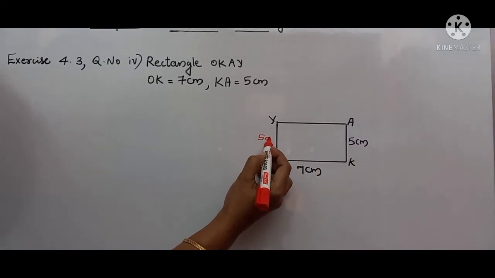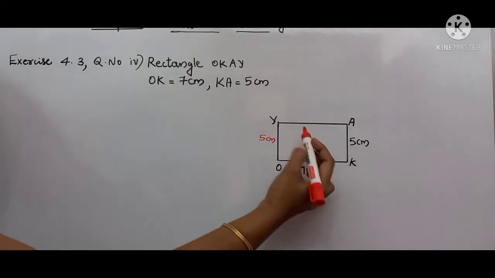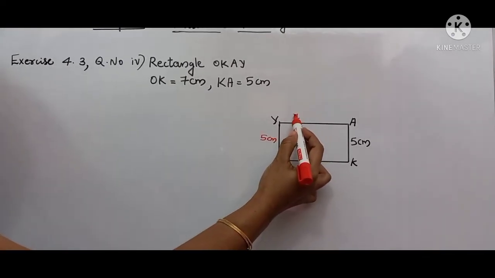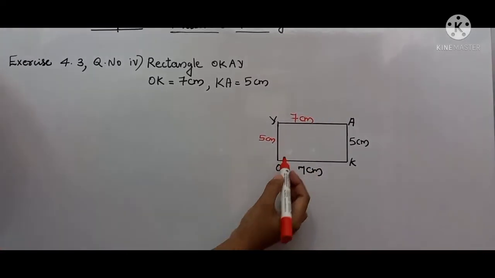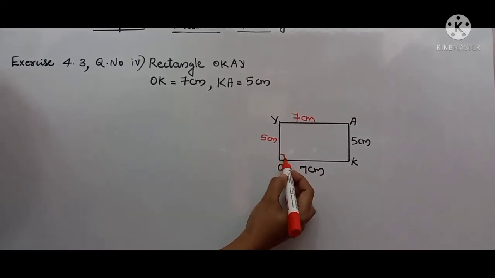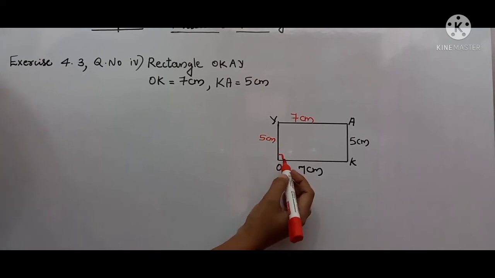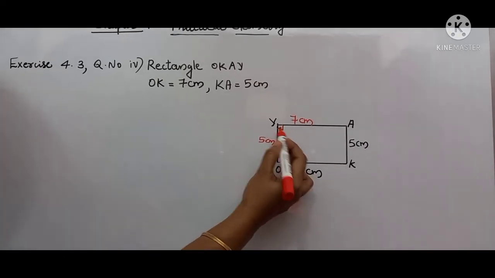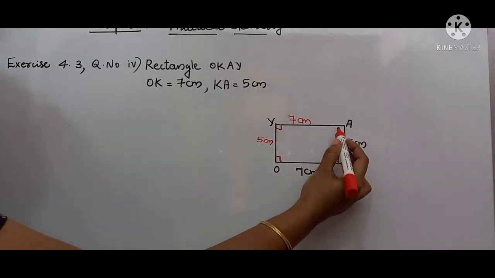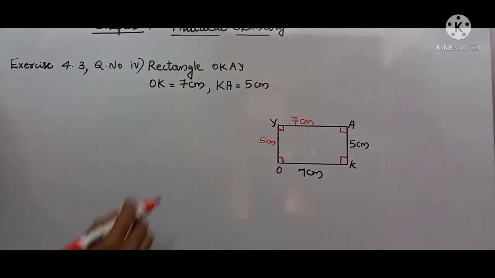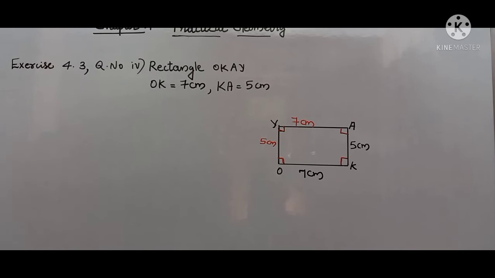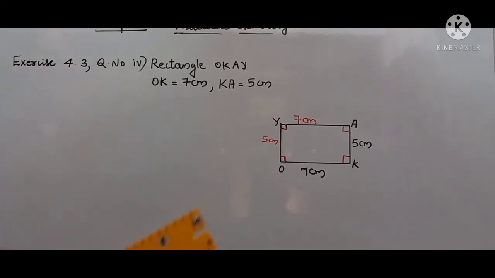So here it is 5 centimeter, and on the opposite side 7 centimeter. Here it is YA, 7 centimeter. And also we know that all angles are equal, that is, each angle is equal to 90 degree. So we have all the measurements here. So it is easy to construct a rectangle. So first we can draw.